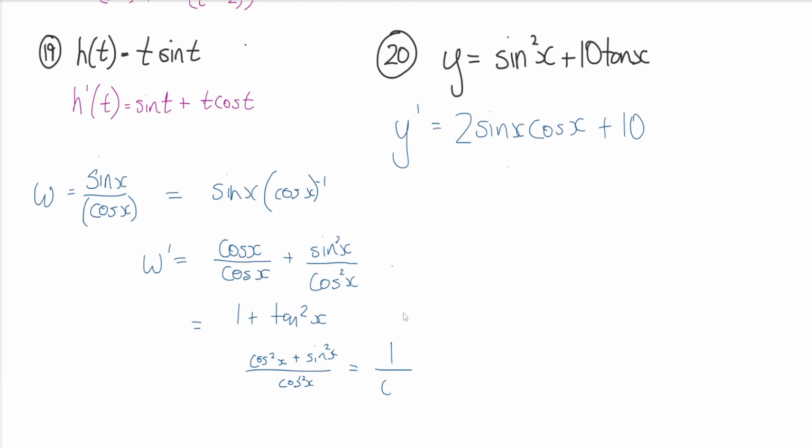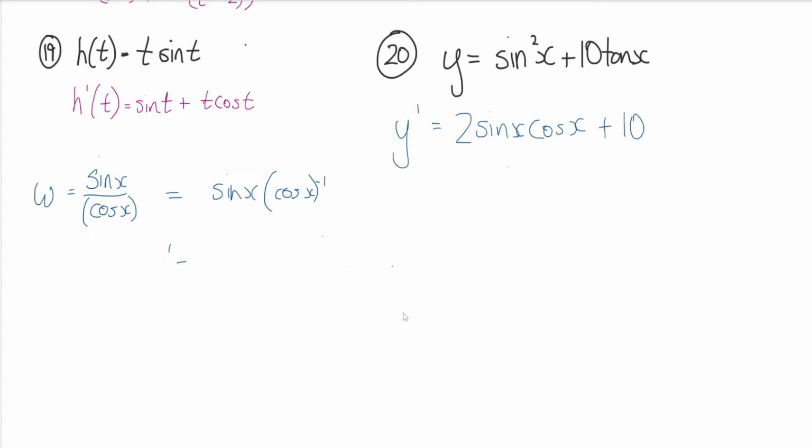Okay. So let's just rearrange this. And we can now just jump to say that if w is tan of x, w prime is secant squared of x, and you can bet your bottom dollar that your chain rule applies, right?